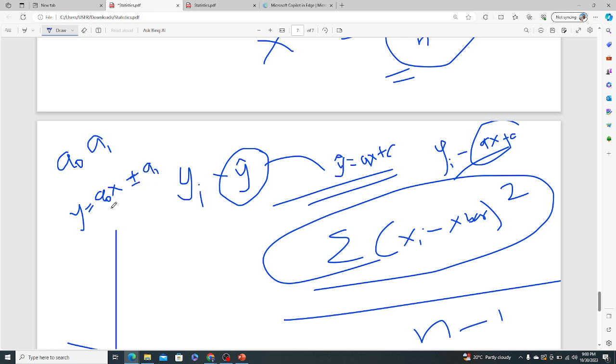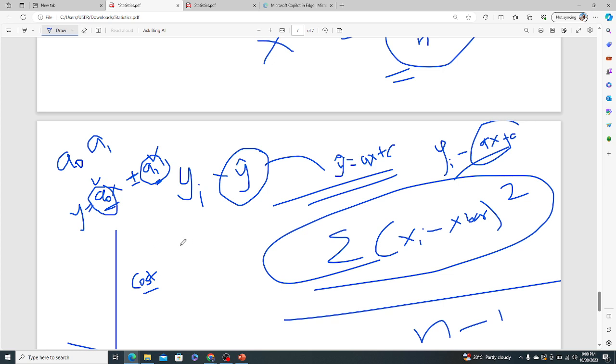So our objective is to come up with the best values of the coefficients. One of the methods of coming up with the best coefficients is using a cost function. The cost function tries to minimize the distance, or the error term.